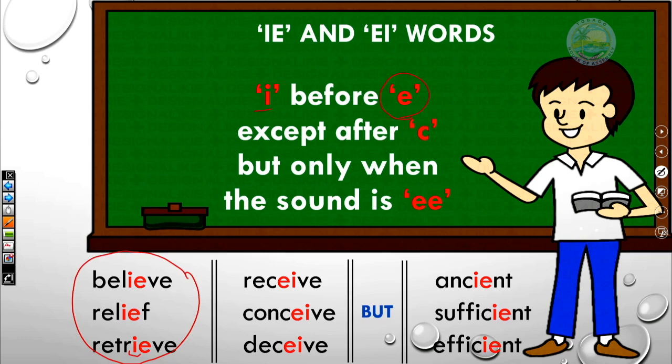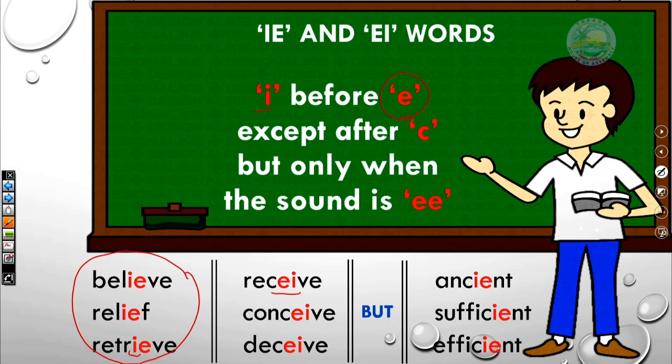However, we have another group of words here, beginning with the word receive. Receive. Are you hearing the E sound in that word? Right. If you are hearing the E sound, then the rule says I before E except after C, but only when that is the E sound.